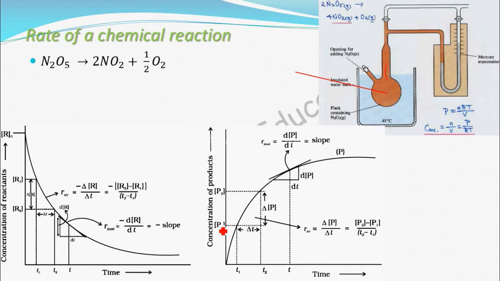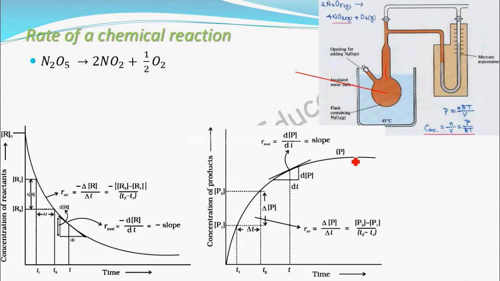For product, this is the concentration of product axis and this is the time axis. As time goes, concentration of product goes on increasing.